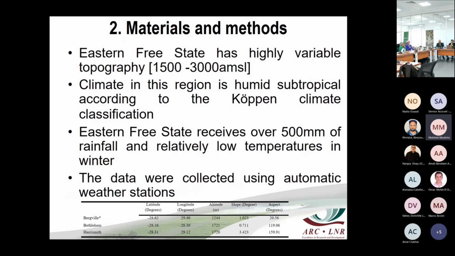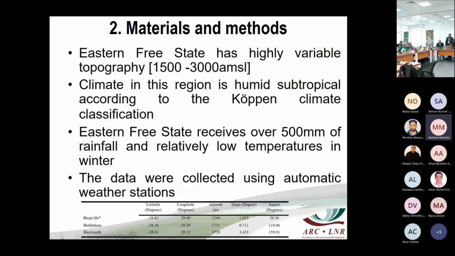The rainfall on average exceeds 500 millimeters, and we obtain relatively low temperatures in this part of the country. The data used in this small study is obtained from 3 weather stations located, just like I said, in the Free State and KwaZulu-Natal provinces.